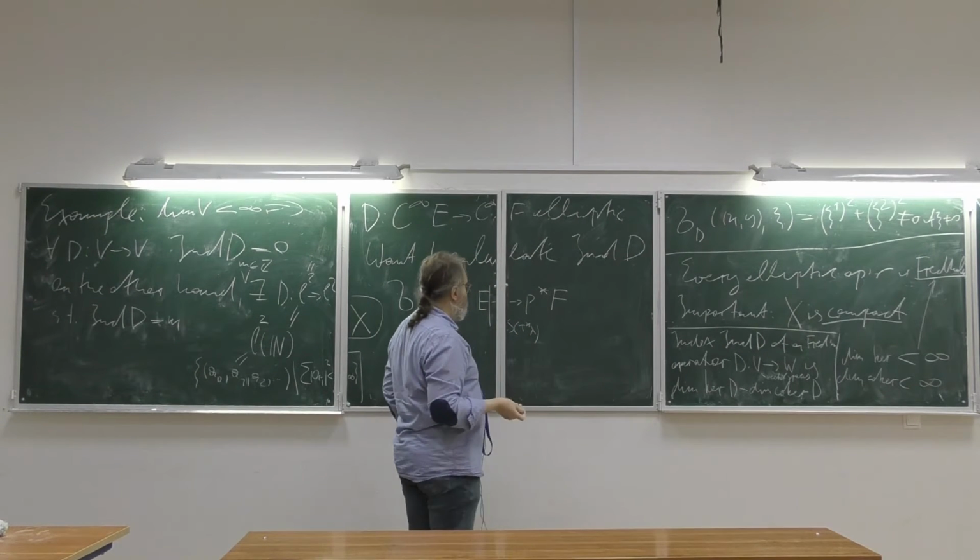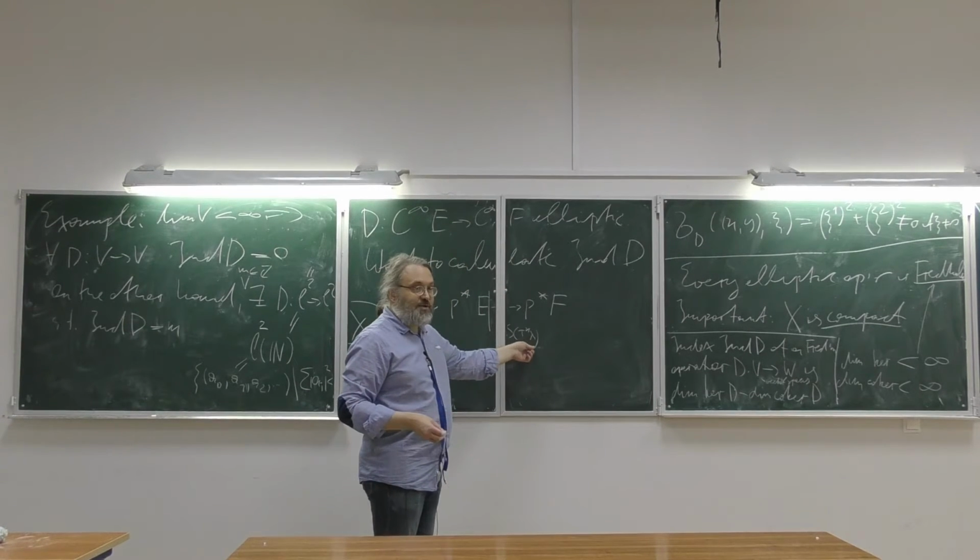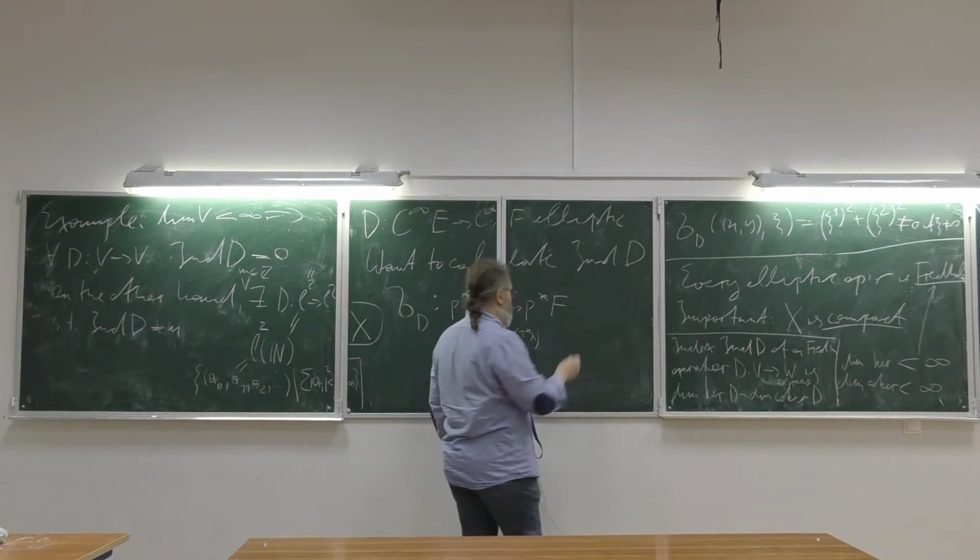To be quite honest, I need to restrict everything to the spherization of the cotangent bundle.